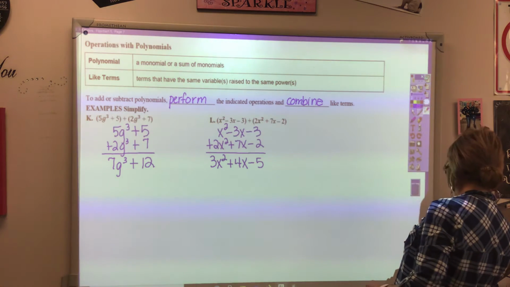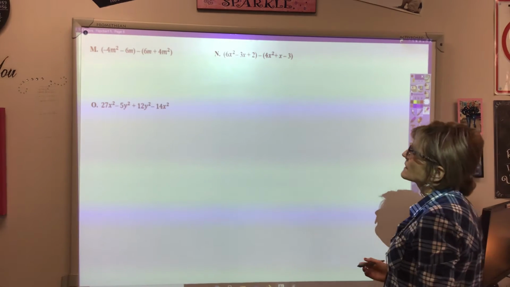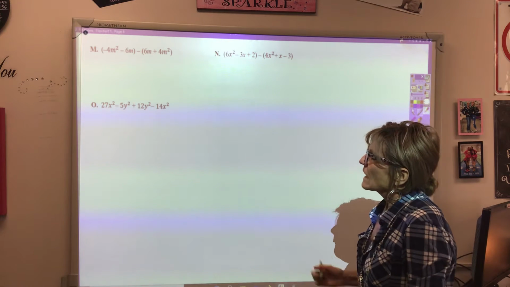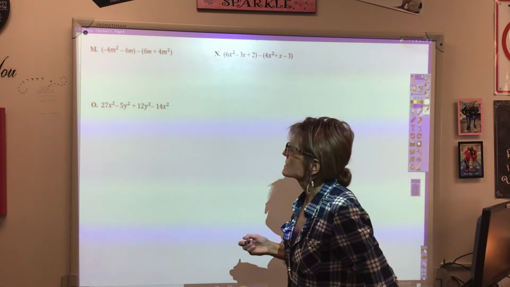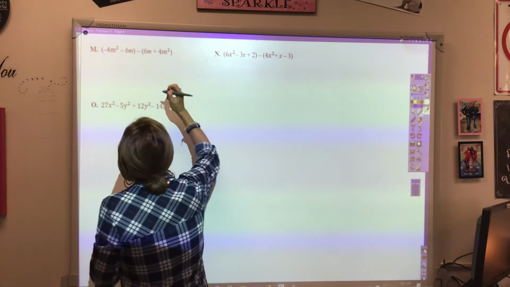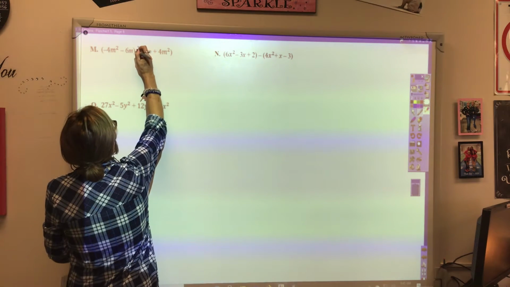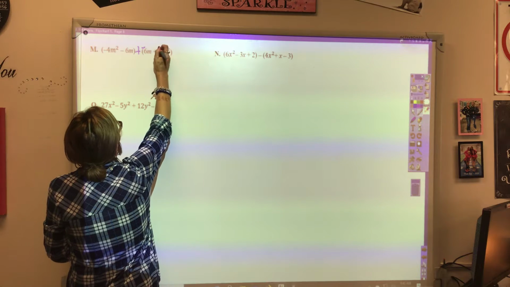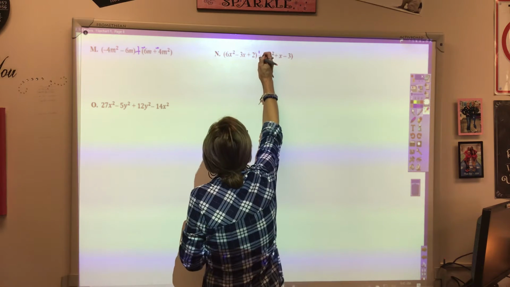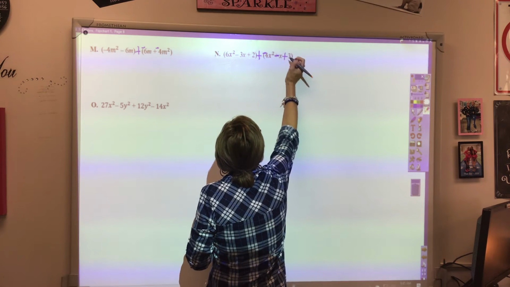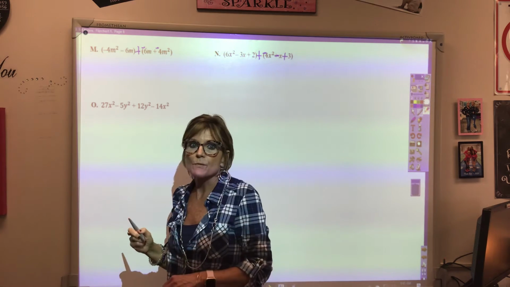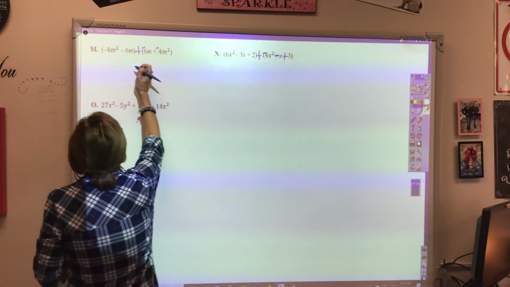On the next couple that are subtraction, I would recommend changing these to adding the opposite first. So what I mean is take and make this addition and make the opposite signs. Addition, opposite signs.